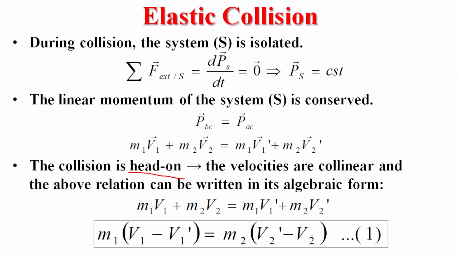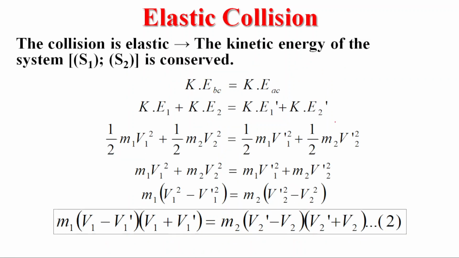Now we need another equation. Where do I get the second equation? We are discussing elastic collision. What is meant by elastic collision? Elastic collision means the kinetic energy of the system S1 S2 is conserved, in addition to linear momentum. In any collision we apply conservation of linear momentum.